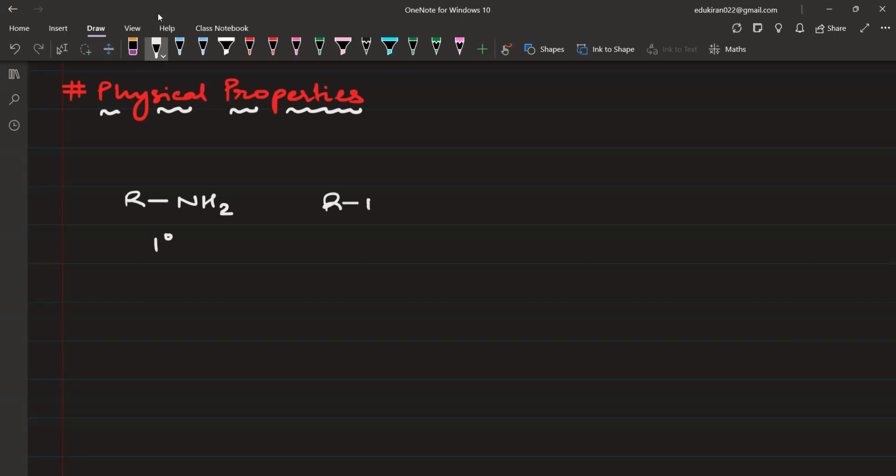You have R, nitrogen, one more R group, and one hydrogen. This is 2 degree amine, and then you have R that is bonded with nitrogen, that is again bonded with R, and then you have one more R.